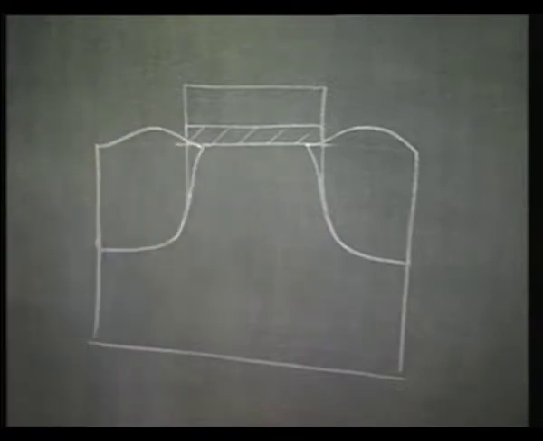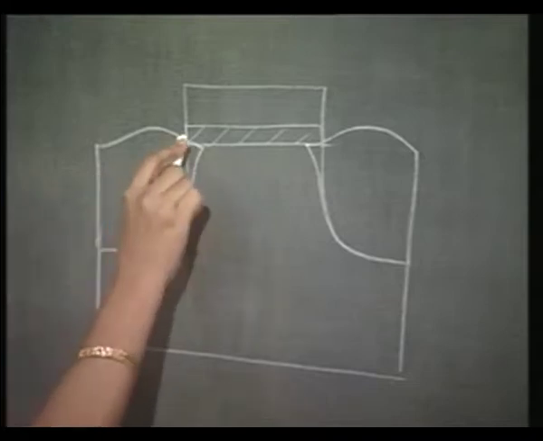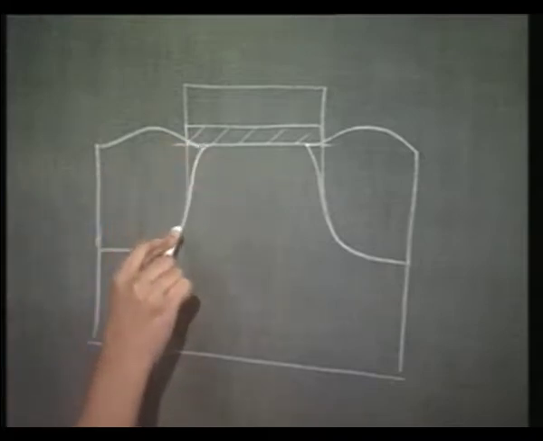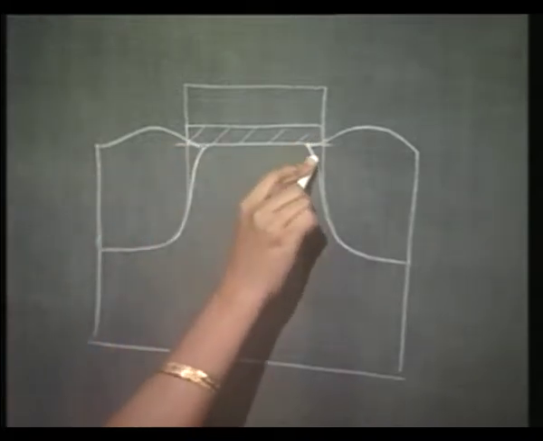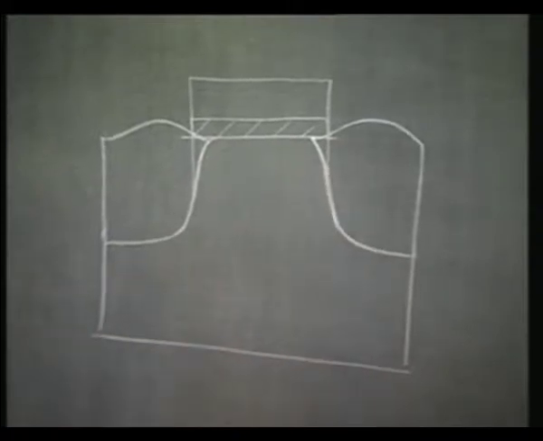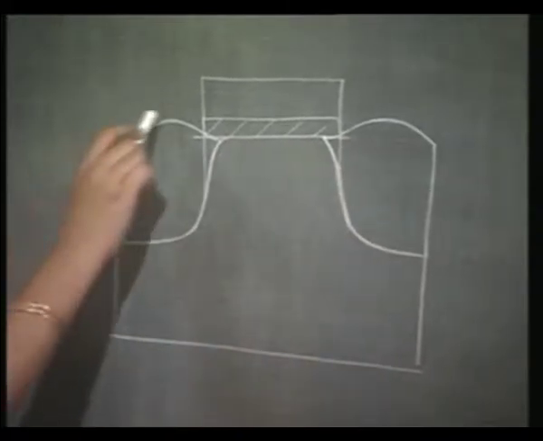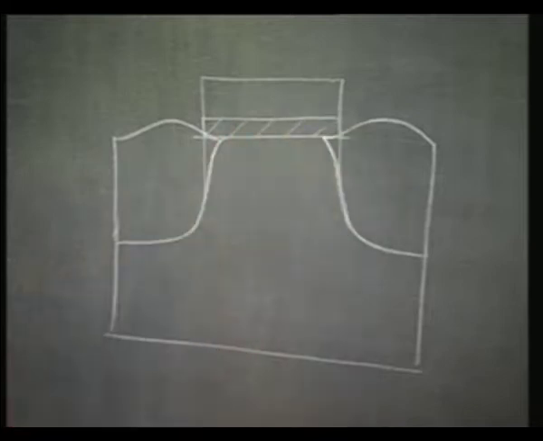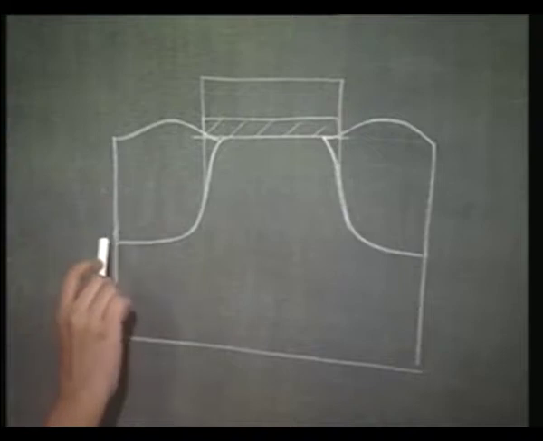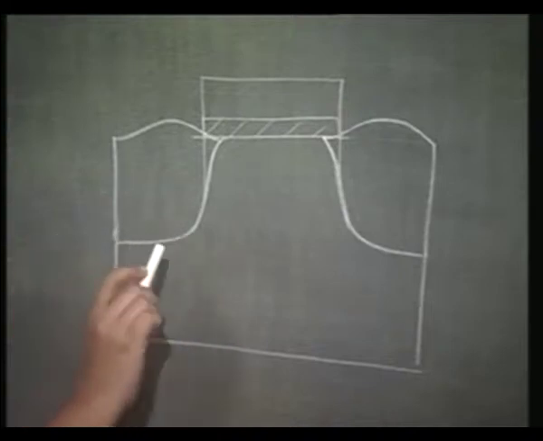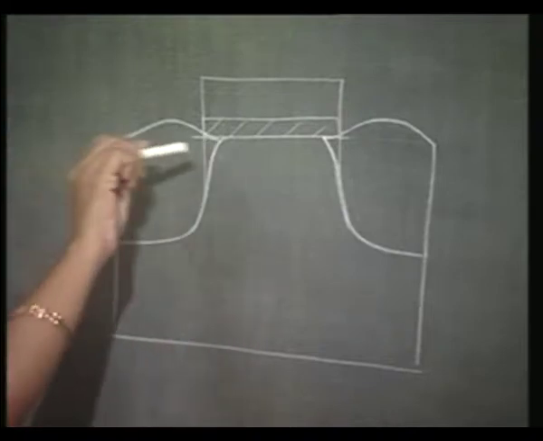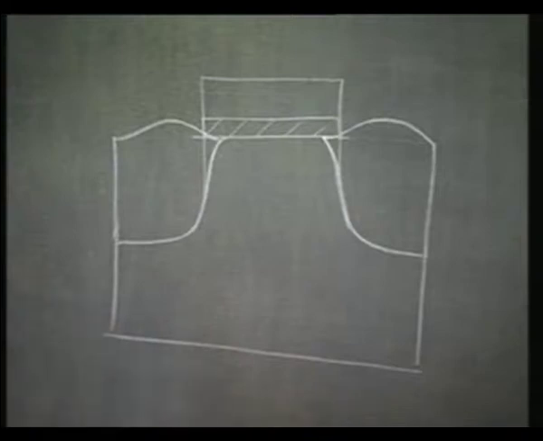And because it is shaped like a bird's beak, this is called the bird's beak problem, and this is called the bird's crest problem. This is because oxidation is proceeding not merely on the horizontal surface, but also at the vertical side walls. That is why there is a slight encroachment under the silicon nitride.